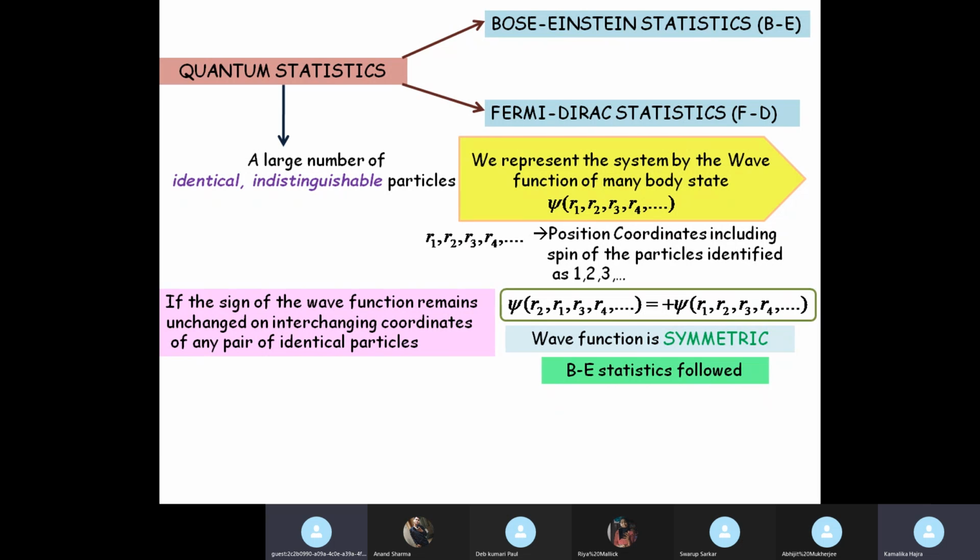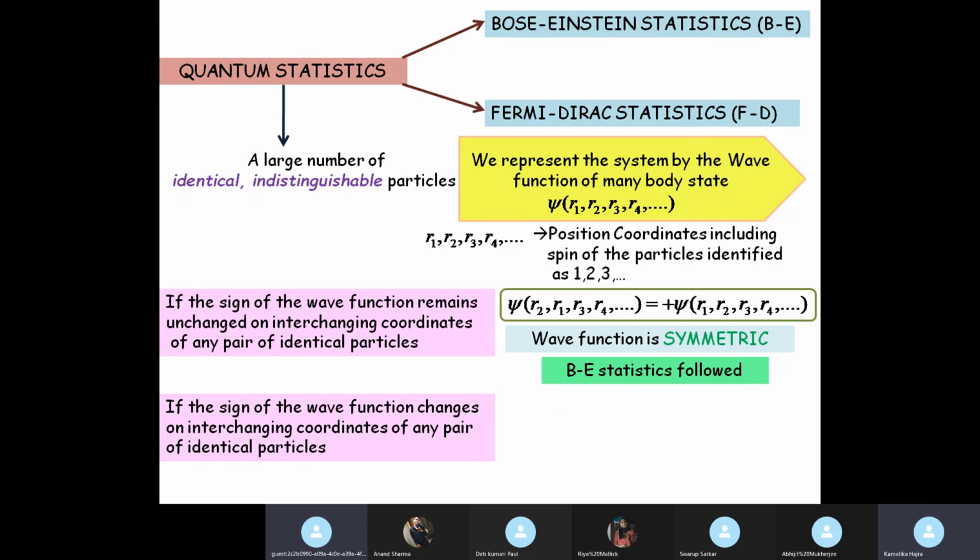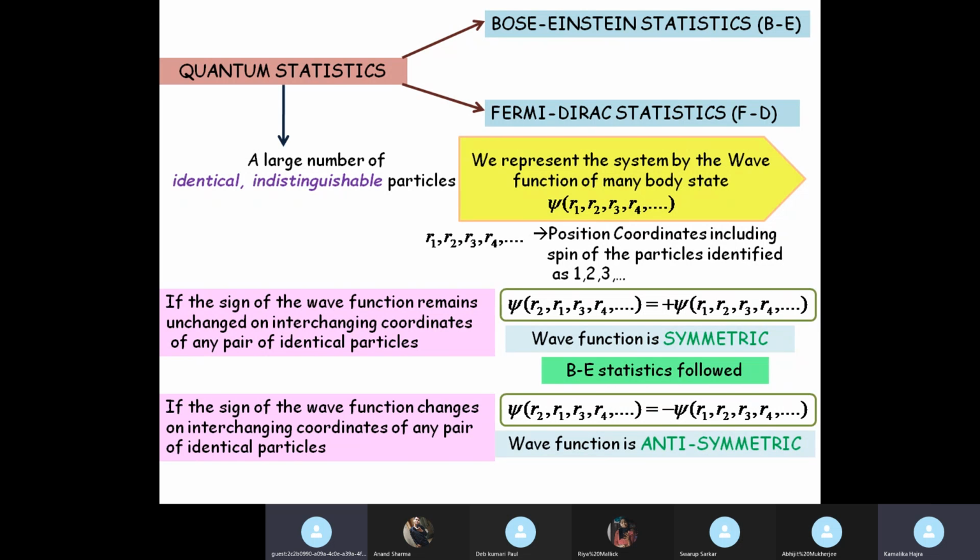On the other hand, if on interchanging the positions the function does change, we say the wave function is antisymmetric, and then Bose-Einstein will no longer be valid. We have to apply Fermi-Dirac statistics.